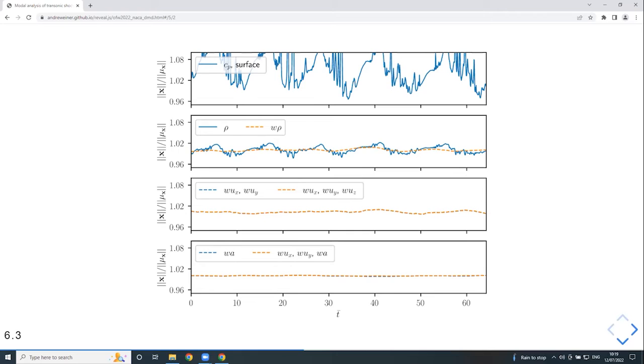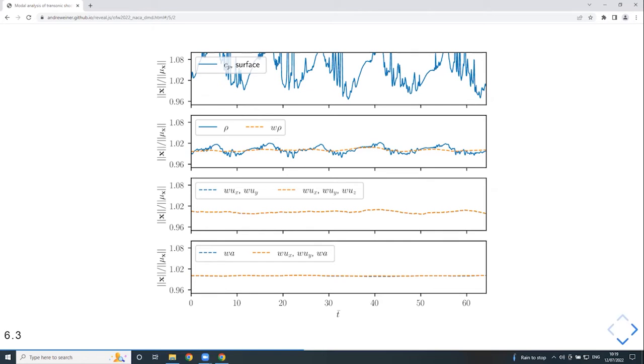All right, then another state vector is the velocity field. So basically, if you take all the three velocity components, what you get is the kinetic energy if you compute the norm, or actually you get the square root of the kinetic energy in this domain you're looking at. And you see this is already much more constant, but because we have a compressible flow, kinetic energy itself is not perfectly conserved.